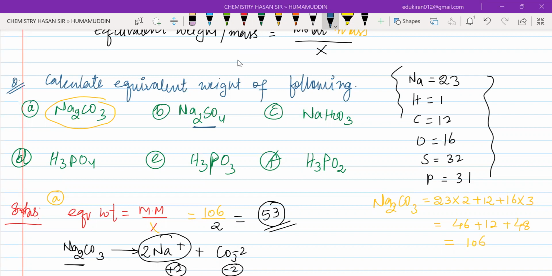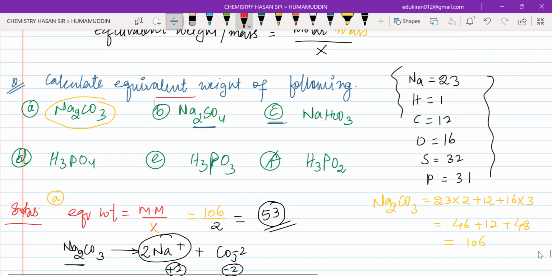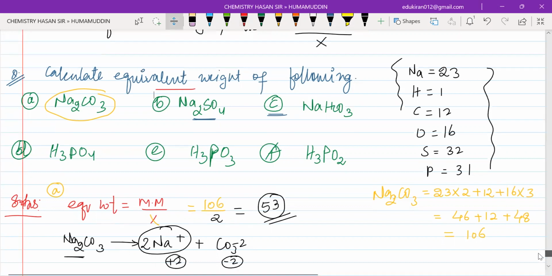For C, any answer for the C? 84. Is 84 the molar mass or the equivalent mass? I'm going to explain only one hydrogen ion. That's why I took one.